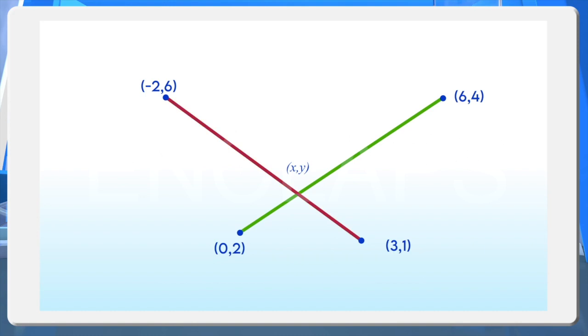Now look at the left leaning line. As the x coordinate increases by 5, the y coordinate decreases by 5. Then anywhere on this line, when x increases by 1, the y coordinate decreases by 1. That is, the y change is the negative of the x change. Since the point x, y is also on this line, from this we can also write y minus 1 equals 3 minus x.